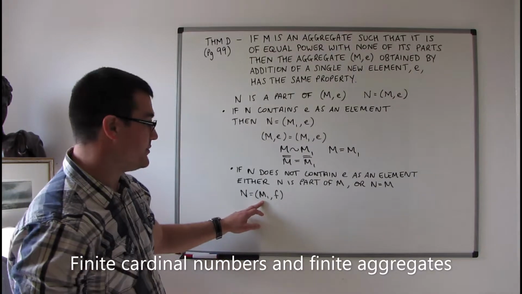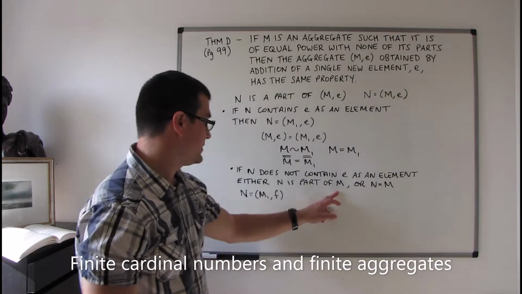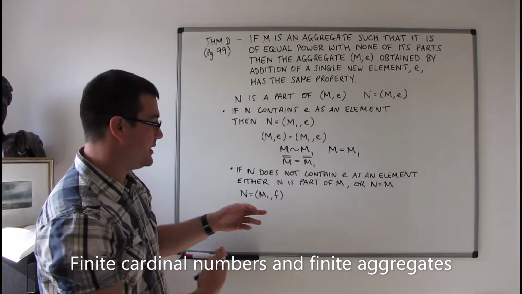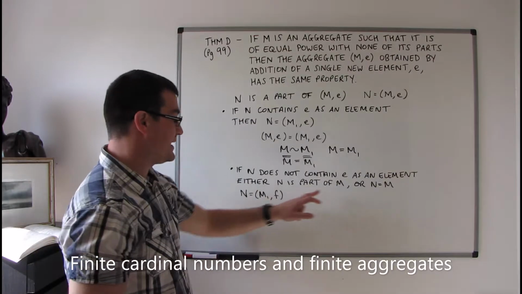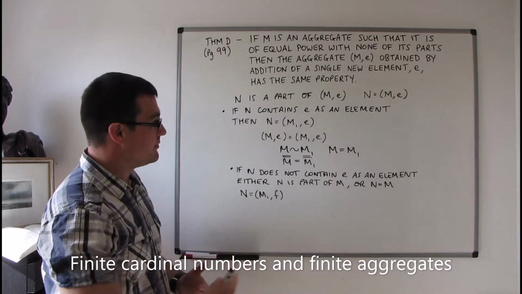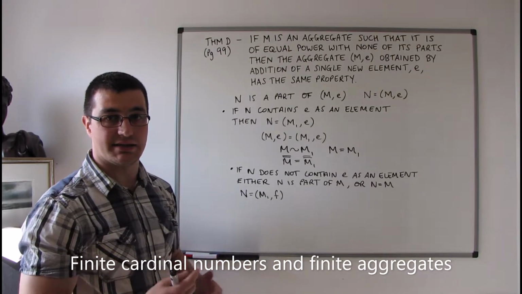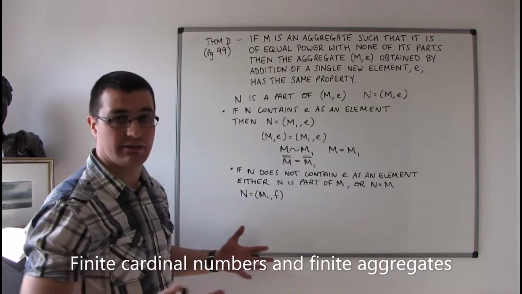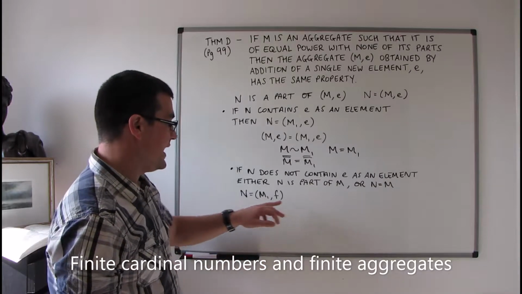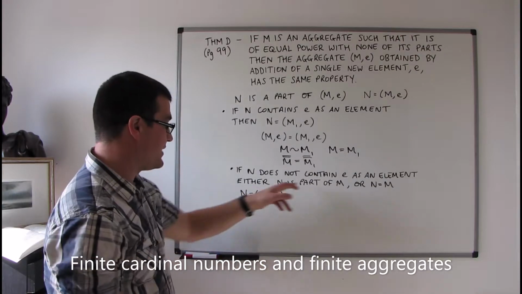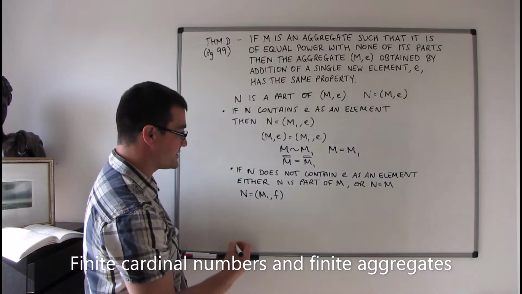So M1 is going to be a part of M. It's either a part of M or it's equal to M, but because this notion of part is a transitive relation in a kind of obvious sense, then M1 must be a part of M in either of these cases. It doesn't make any difference.